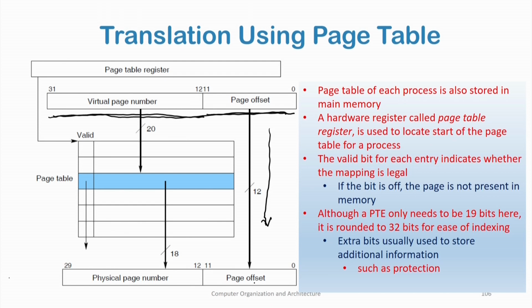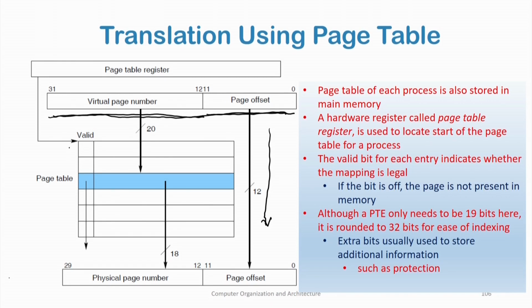Each process has a page table, and this page table is indexed by the virtual page number. So, this is for virtual page number 0, 1, 2. This virtual page number gives the index into the page table entry, and in this page table entry, if the valid bit is 1, I get the physical page frame number.